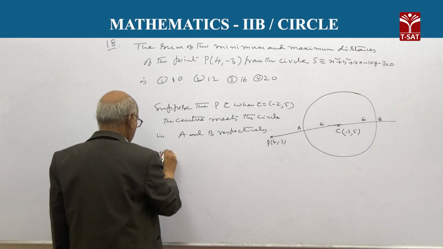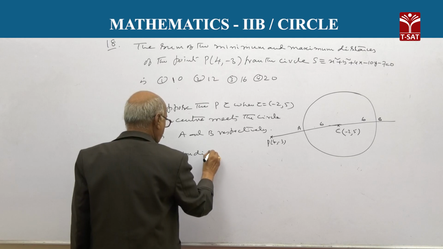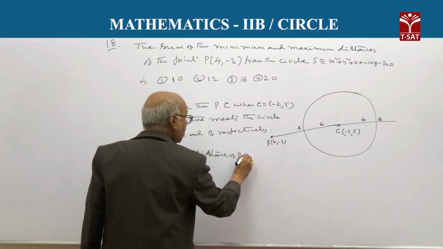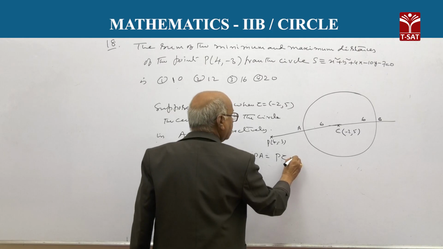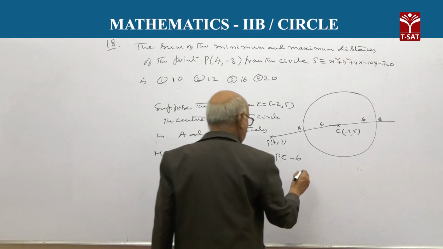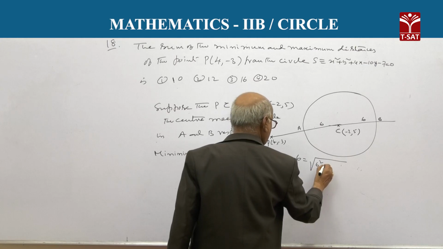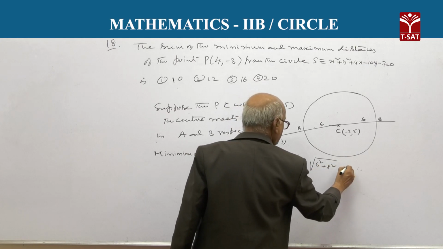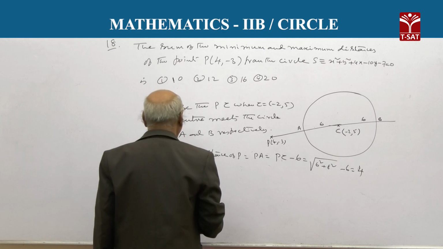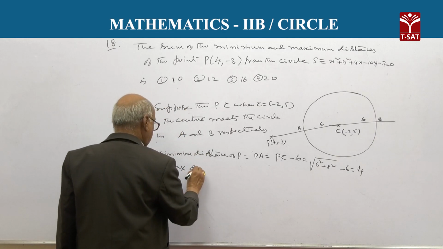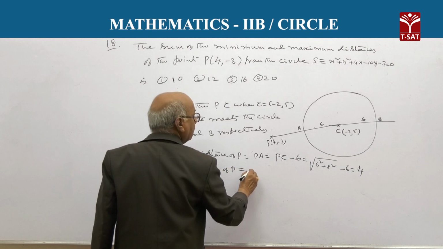So therefore the minimum distance of P is PA, which is PC - 6. PC is the square root of 6² + 8², which is 10, so 10 - 6 means 4. And the maximum distance of P is PB.